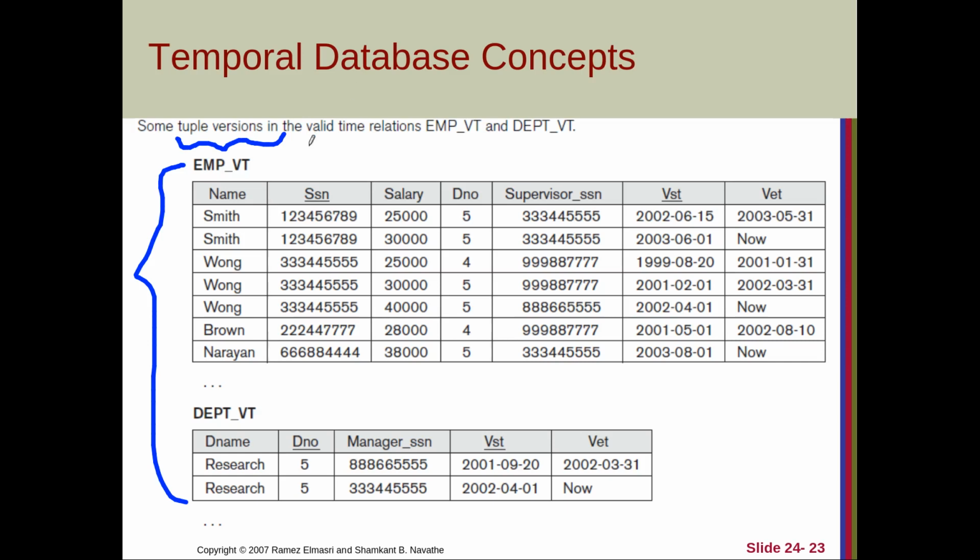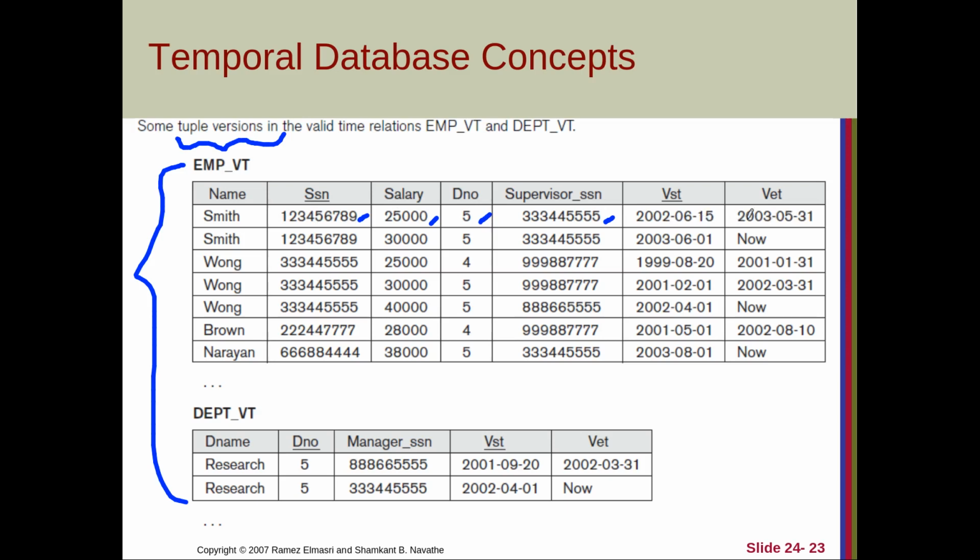You can see, I'll take one example. Smith is an employee. This is his SSN, salary. He is working in department number 5, and his supervisor's SSN is given here. Then valid start time. Valid start time means in real time he started working in department number 5, from the date 15/6/2002 to 31/5/2003.